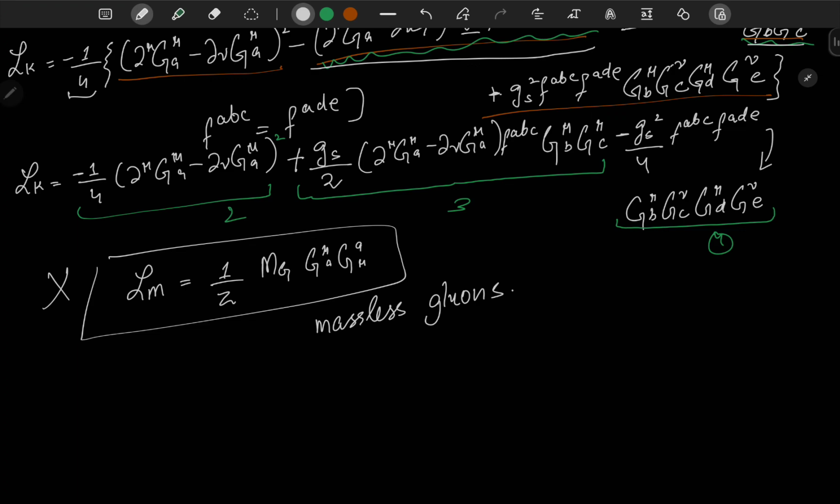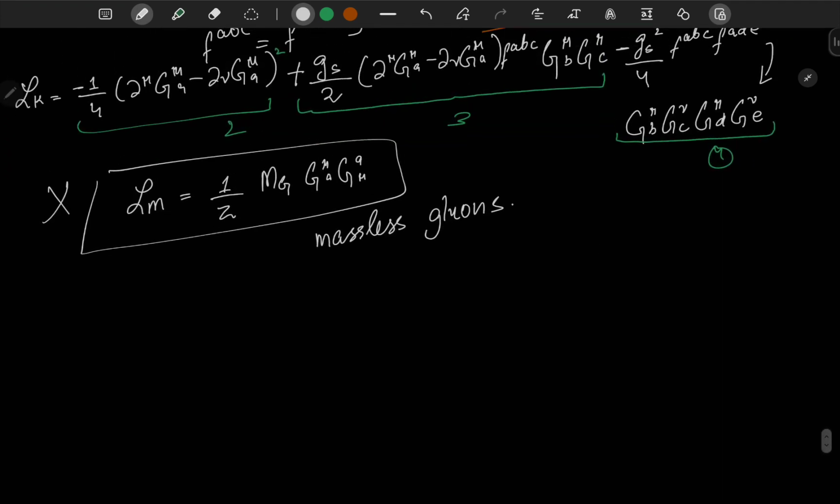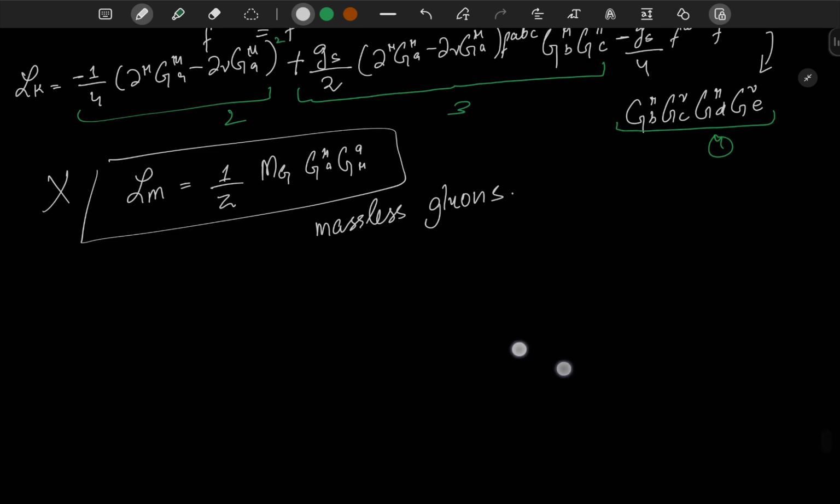Okay, so the things were a little messy so far. So just a quick reminder of where we started and how we developed our Lagrangian so far.